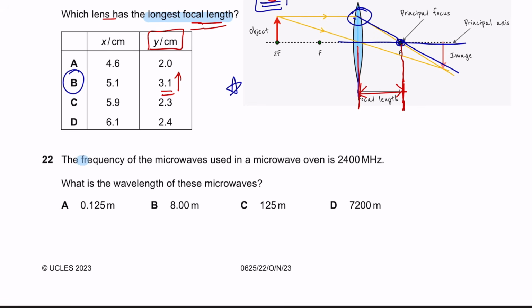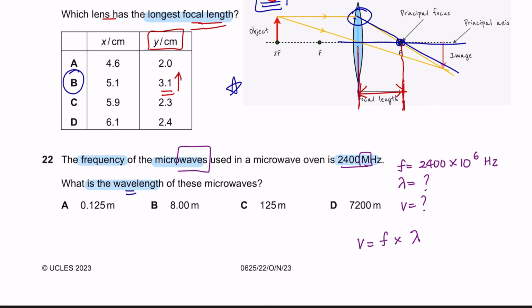Question 22. The frequency of the microwaves used in a microwave oven is 2400 MHz. What is the wavelength of these microwaves? The first step is always to identify the formula related to wavelength and frequency. We know that the frequency is 2400 MHz. Mega is times 10 to the power of 6. We are looking to find the wavelength. In order to find wavelength given frequency, we require the velocity, because the velocity of a wave is its frequency multiplied by lambda, the wavelength.